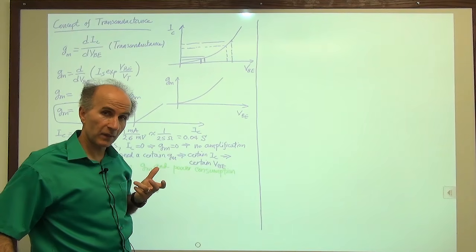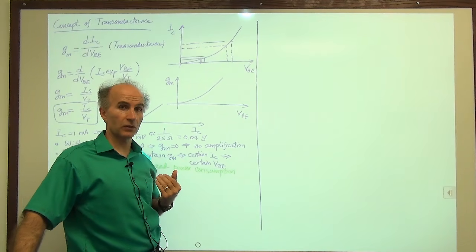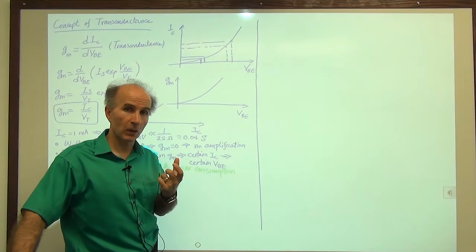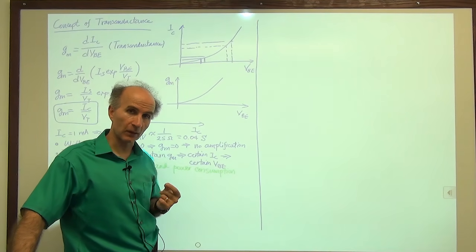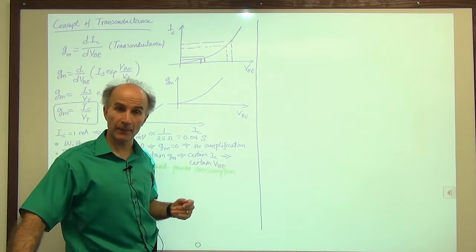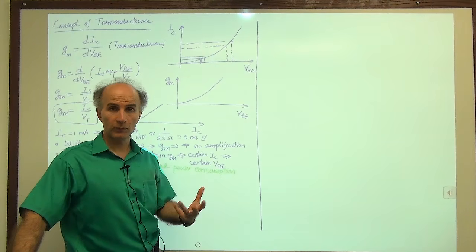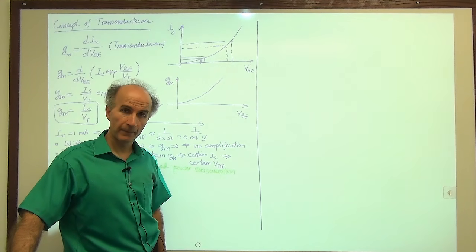So then the question is, when we say a small change in the base emitter voltage, what do we mean by small? What is considered small? Well, you can say 1 nanovolt or 1 picovolt or something, but reasonably, from an engineering perspective, what would be considered small?